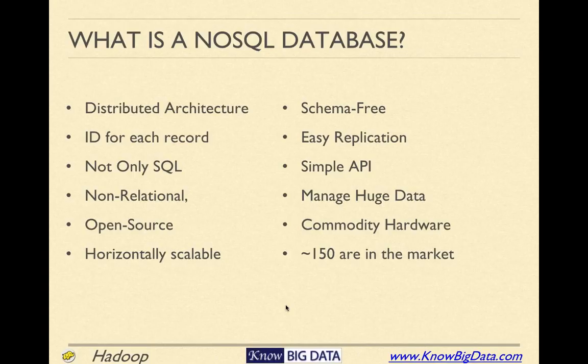But everywhere there is a notation of a table. For example, in Cassandra you have table, HBase you have table, MongoDB you have table, and so on. Just that in MongoDB a table is called collection, and in case of HBase a table is called table.